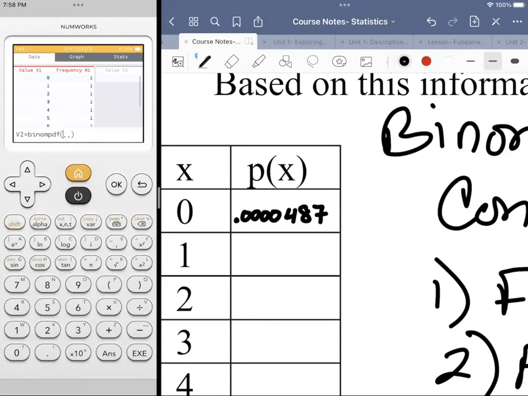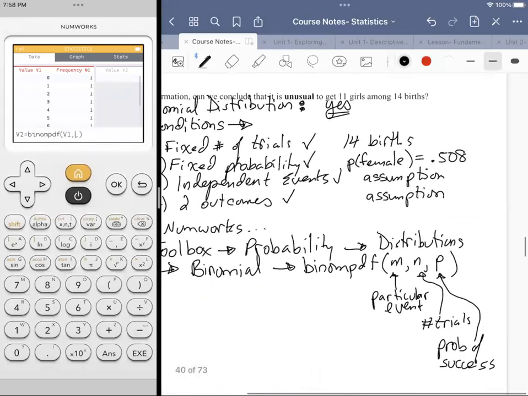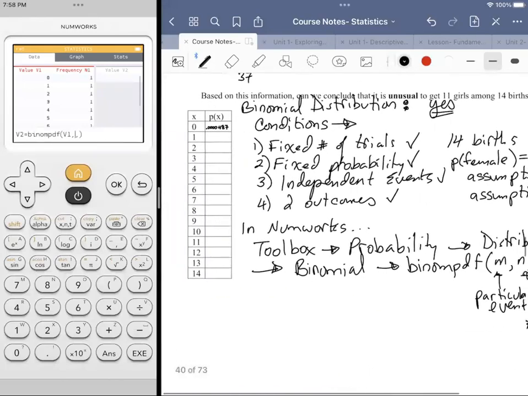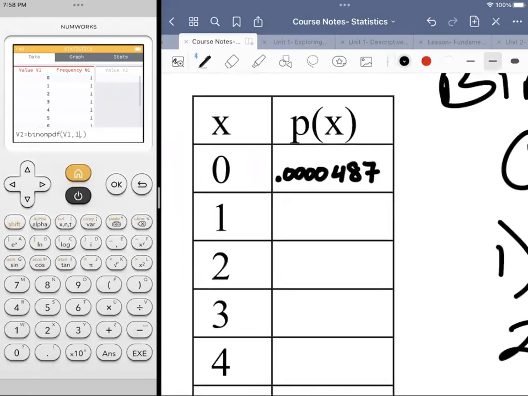Shift alpha. The V is right above the division symbol. 1. And then the same structure as we did over here, everything else would be the same. The N value, the P value. So the N value is 14. The P value, the probability value, is 0.508.